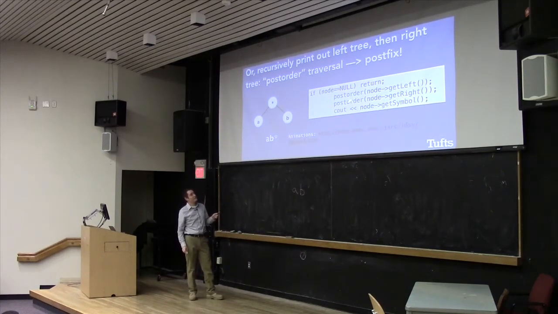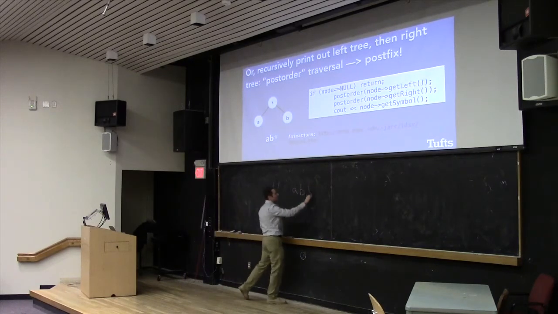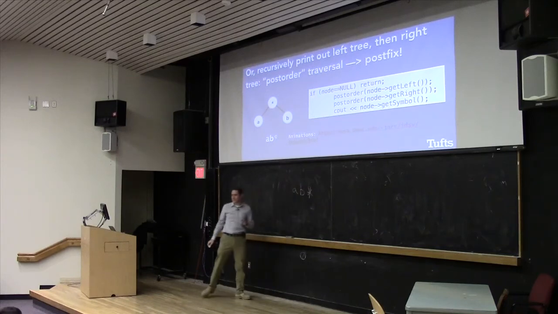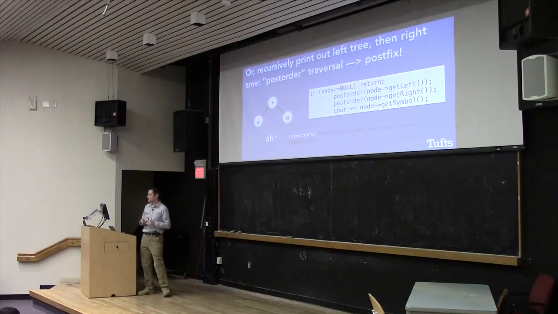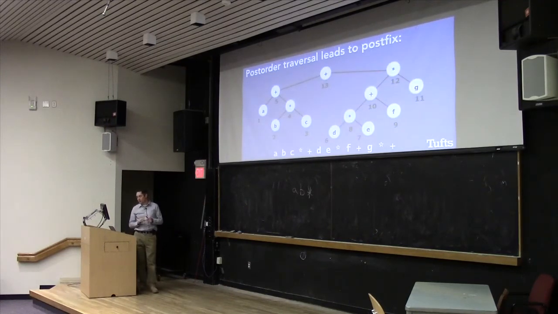Now it's after this line in star, and it prints the symbol, which is star. Postfix. No parentheses necessary. Okay? Kind of cool. That kind of traversal is called Postorder traversal.